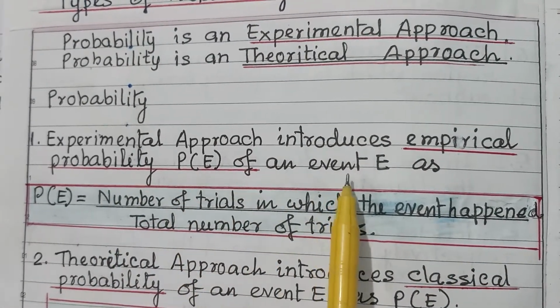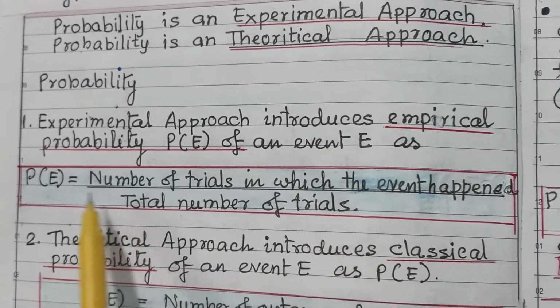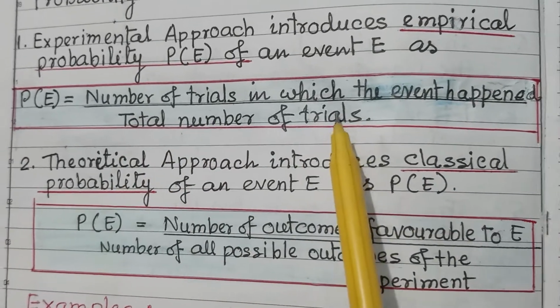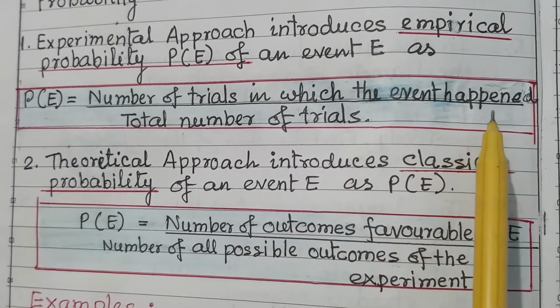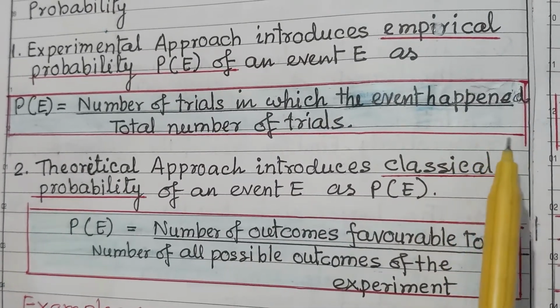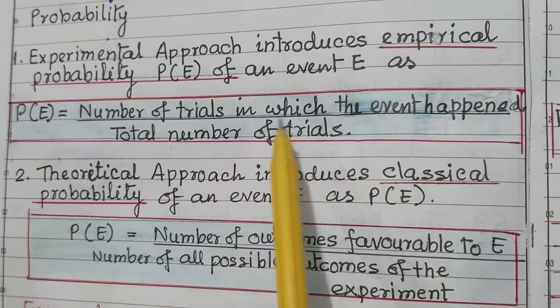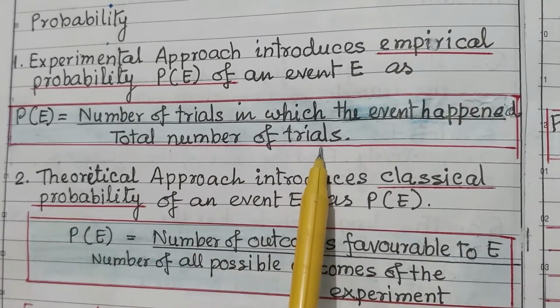The empirical probability P(E) of an event E has the formula: the number of trials in which the event happened divided by the total number of trials.